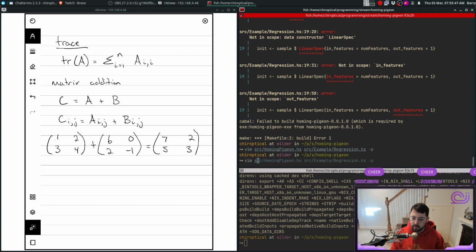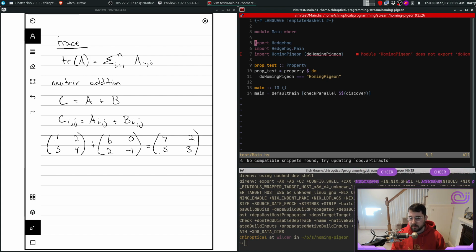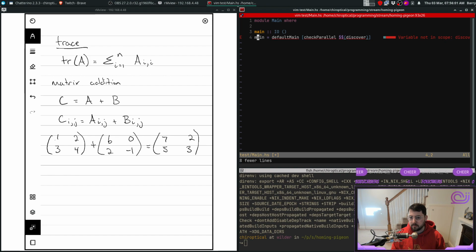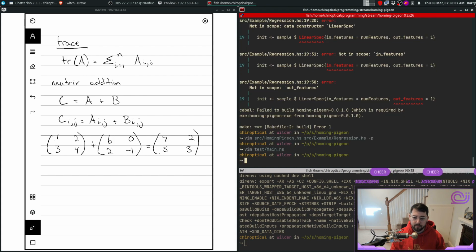And then I would also like to fix this because I'm not going to use hedgehog. So I think we'll just delete all of this and this. And for now, just put pure there, like so. Okay, so we should be good now.